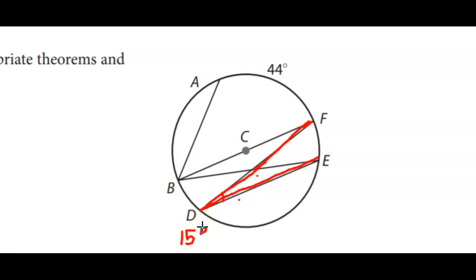Okay. Now I need to determine what is ABE. We're trying to find ABE. Okay, in order to find this angle, that's what we're looking for right here, we know a piece of him right here is 44 degrees, right?